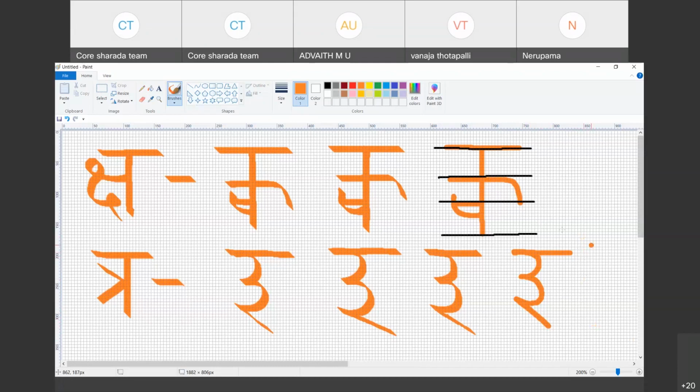You can keep the Shirorekha a little shorter. I've drawn it a little longer here. Try to keep this Shirorekha a little shorter. Like how we usually keep a very short Shirorekha on the Ta, do it in a similar way.